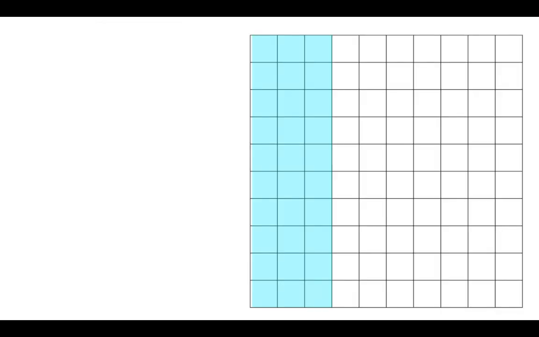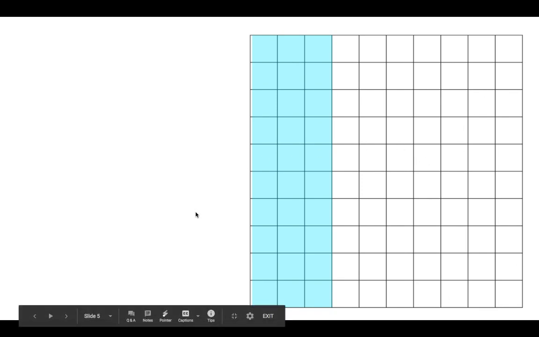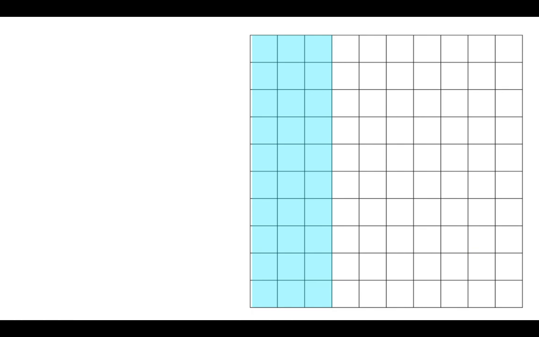We also talked about how we can think of a fraction as tenths or hundredths. If you have the whole broken up into 100 equal pieces, and 30 of them are shaded, we can say this is 30 hundredths. But there's another way that we can say this fraction.